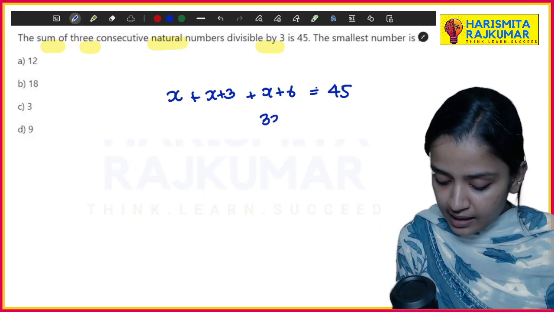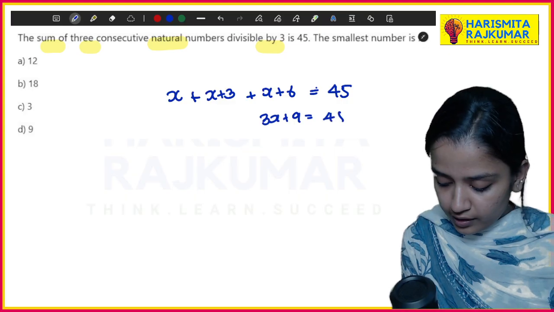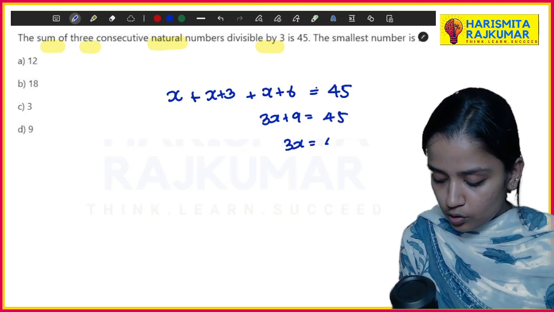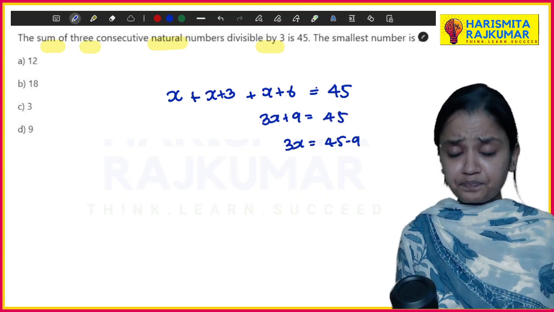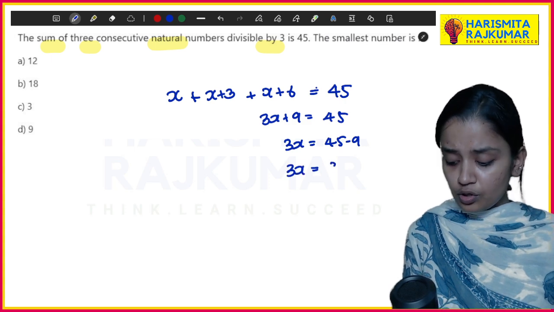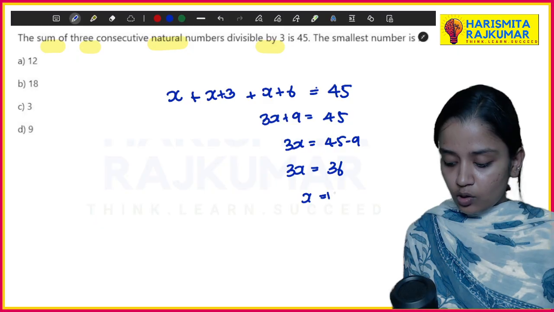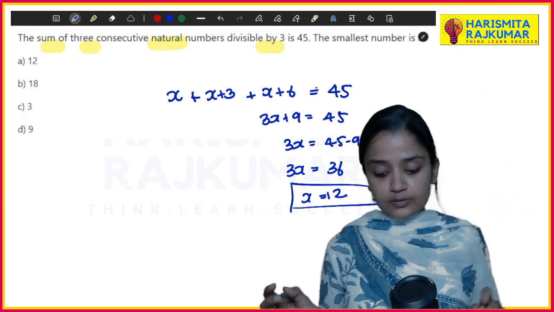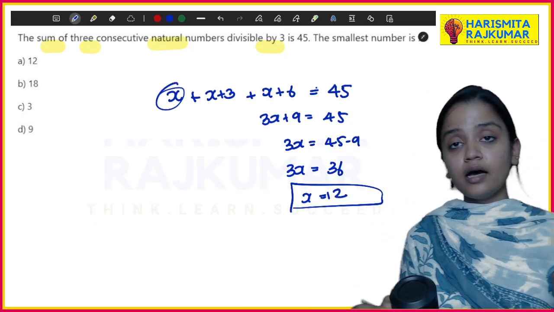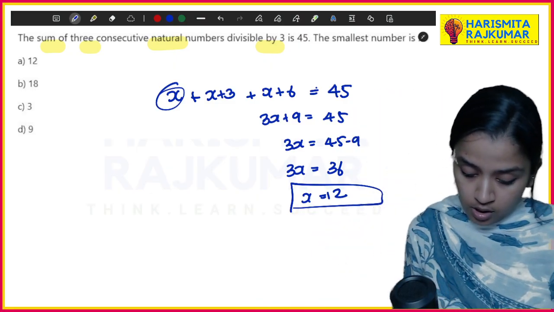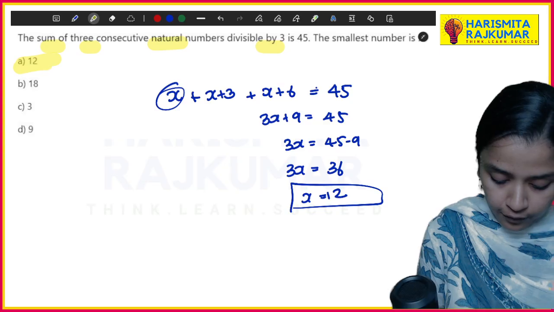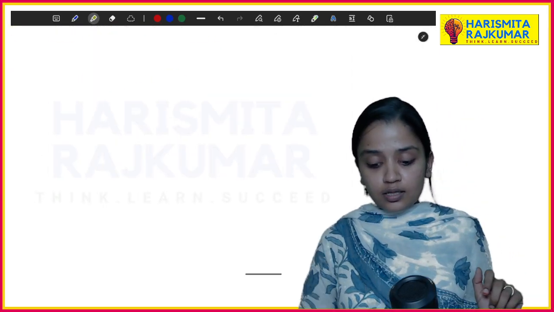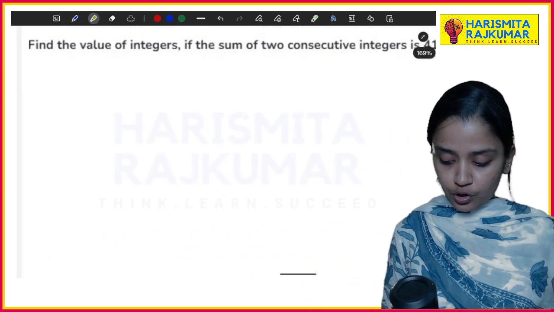So 3x plus 9 is equal to 45. 3x is equal to 45 minus 9. Then 3x is equal to 36. X will be equal to 12. So the smallest number, your x here, is 12.